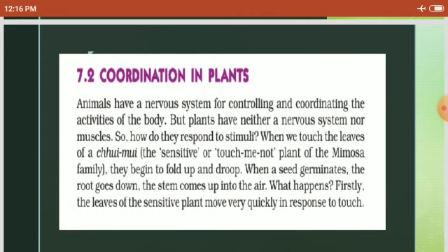When we touch the leaves of a touch-me-not plant of the mimosa family, they begin to fold up and droop. When a seed germinates, the root goes down, then the stem comes up into the air. What happens? Firstly, the leaves of the sensitive plant move very quickly in response to touch.